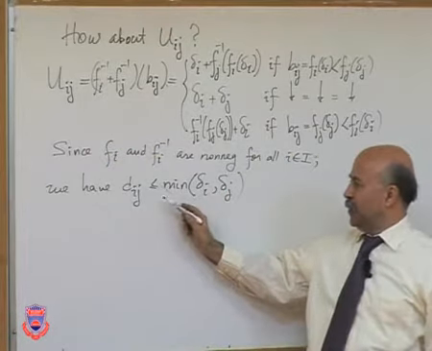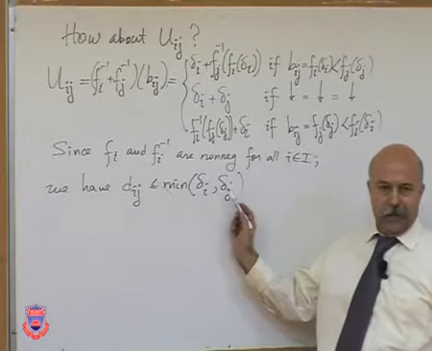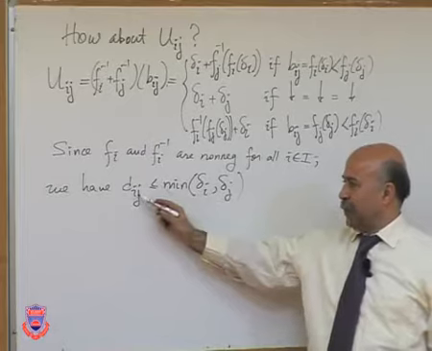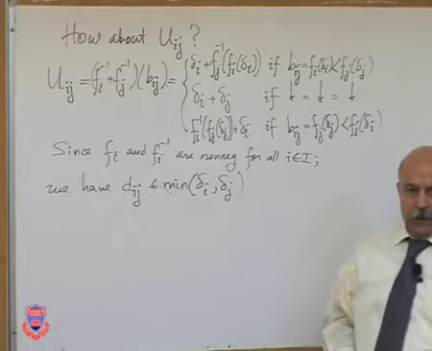Well, you should, because delta i is the farthest distance from i, delta j is the farthest distance from j, so a particular distance between i and j will certainly be less or equal that.